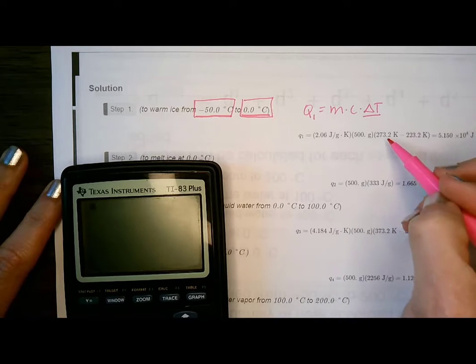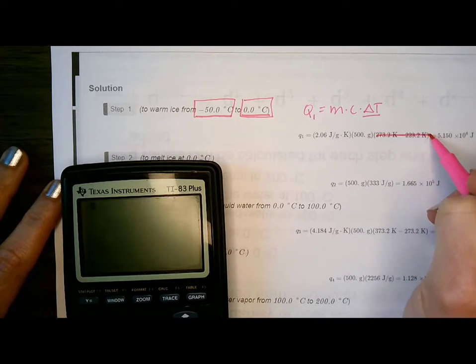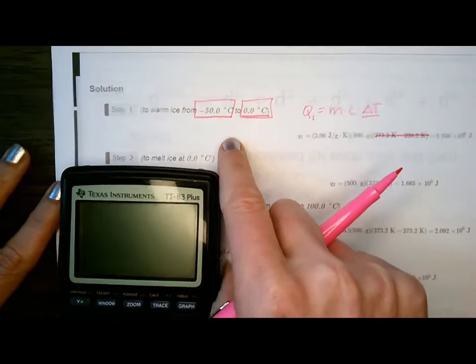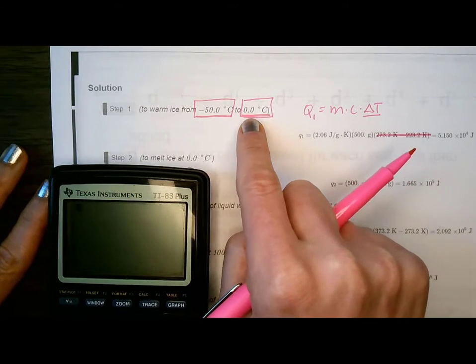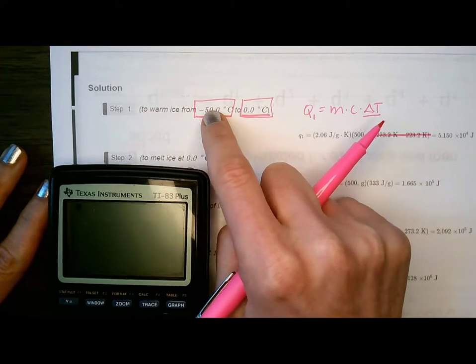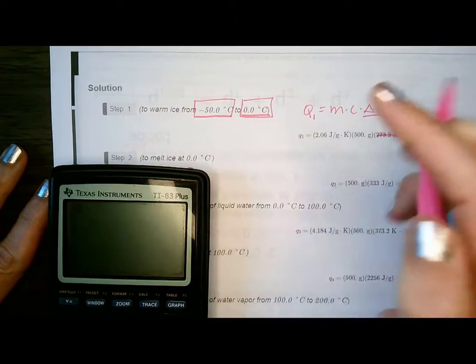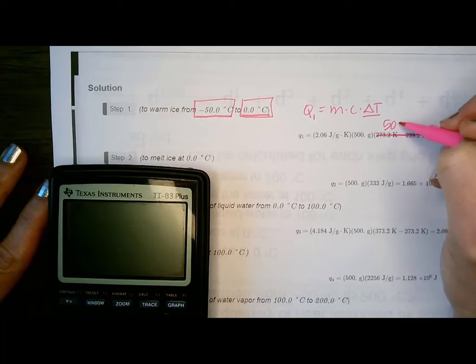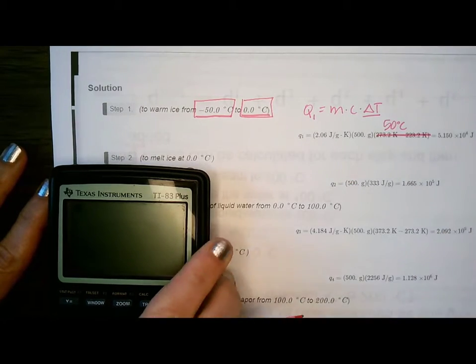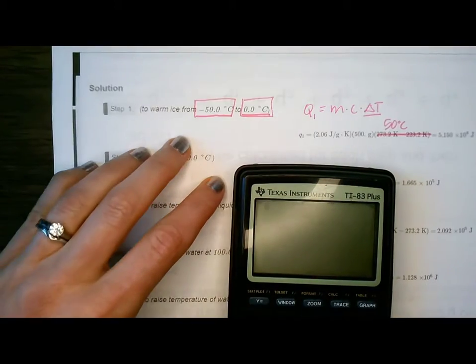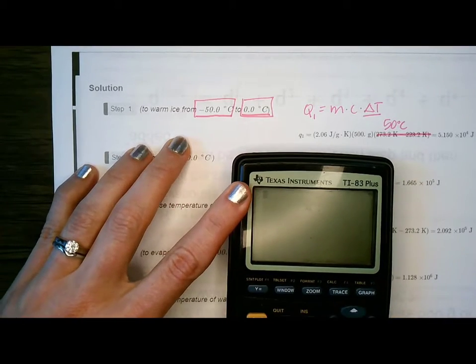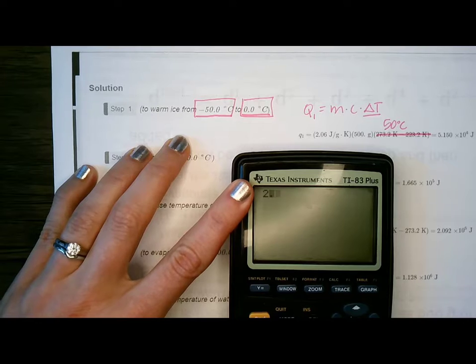So we don't actually need to use Kelvin. Let's use Celsius. We know that our final minus our initial, so 0 minus -50 is 50 degrees of difference. So we should get the same answer here.